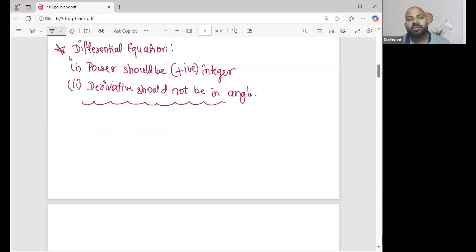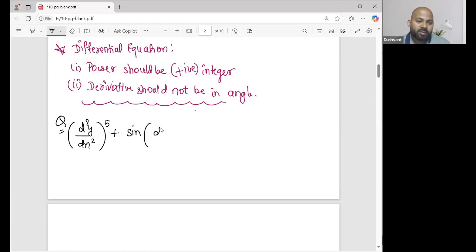Okay. If we have an example like this, d square y over dx square, the power is 5, plus sine of, so if we discuss the order and then the degree: what's the order?